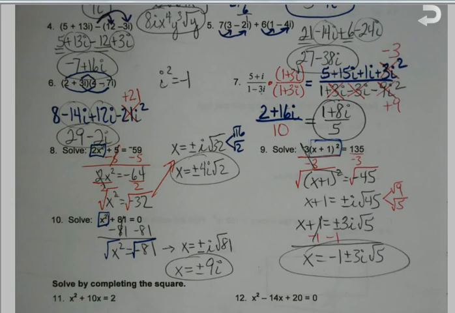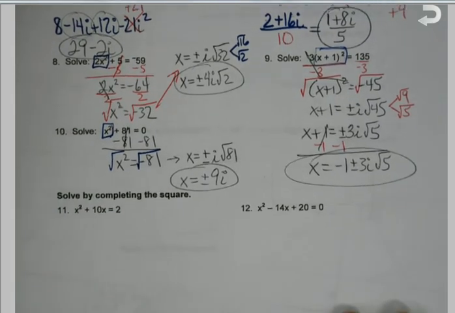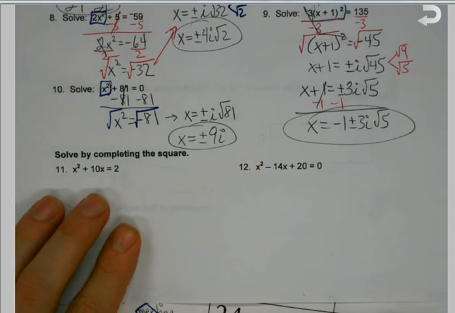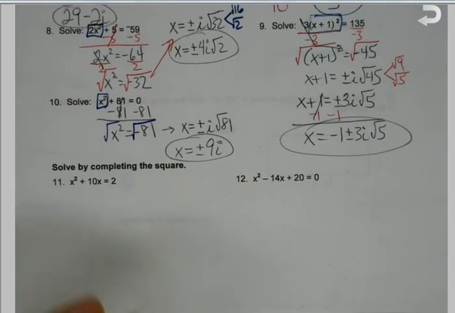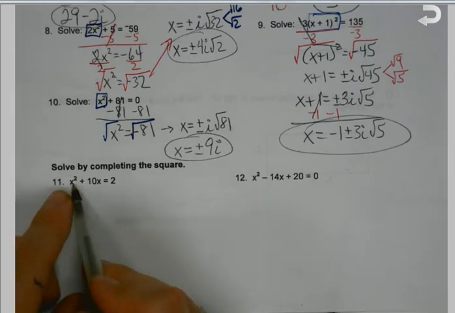Now, as you will notice, solve by completing the square. No steps, no anything. This is the point where we got to remember it, and I think you can. Just try to keep reminding yourself, okay, x squared by itself, check. Step 1, done.